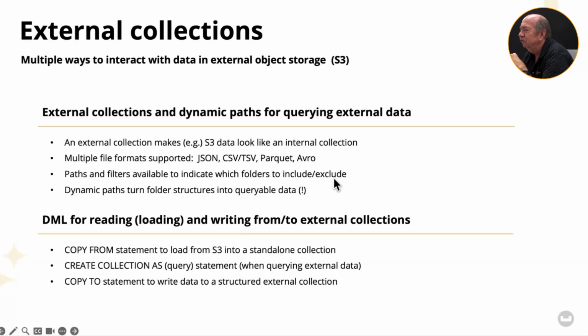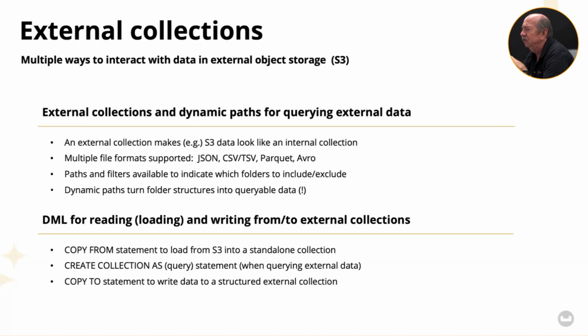We support multiple file formats, so your favorite file formats are supportable for your external data: JSON, CSV, TSV, Parquet, Avro. Paths and filters are available as a technology, and I'll explain this on the next slide, to indicate which folders to include or exclude.